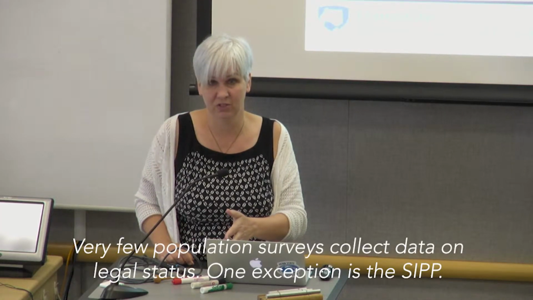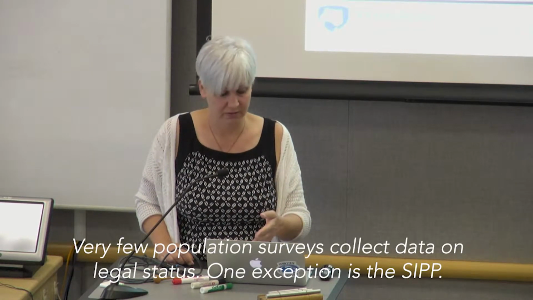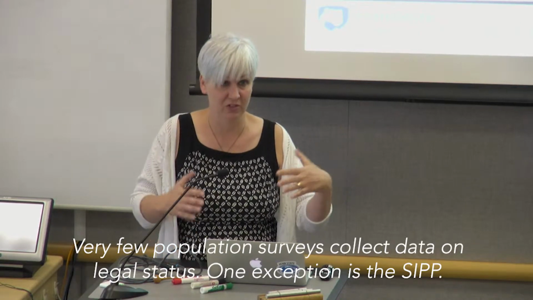And then there's the SIPP, which is a national sample. Of all of these samples, it's the only nationally representative sample of the U.S. population that has two questions on legal status. The first is, what was the status that you had when you first arrived in the United States?